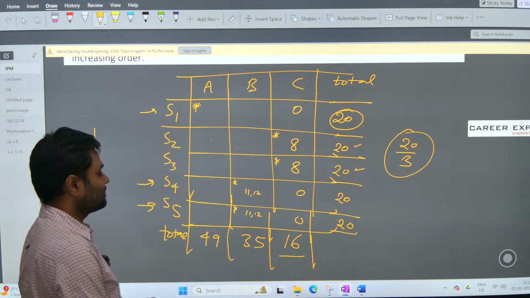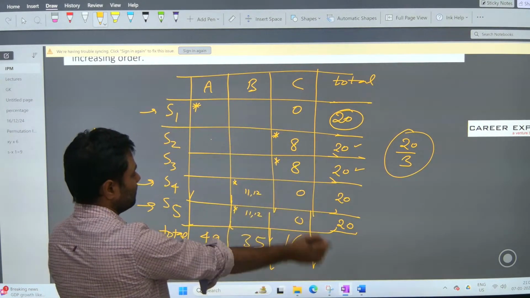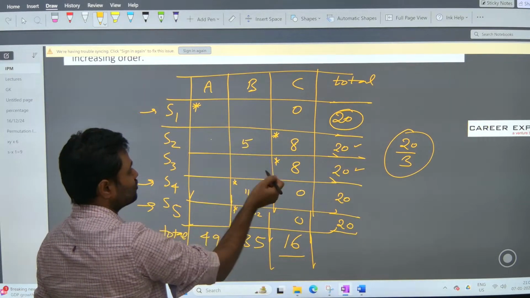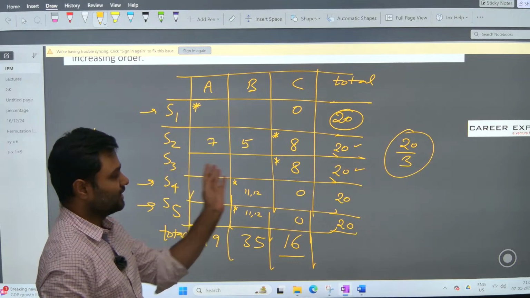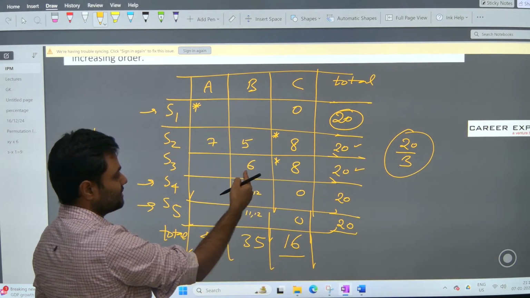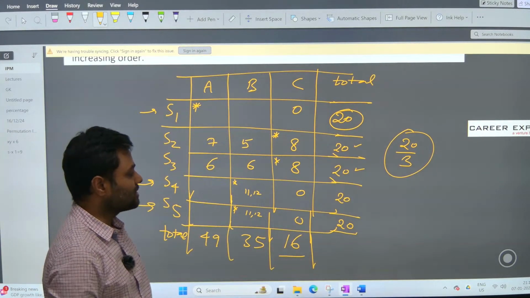So what we can do here is, it has to be 7 votes here so that it becomes 20, and it has to be 6 votes here so that 8 plus 6 is 14 and 6 votes for A. So there cannot be any other possibility.